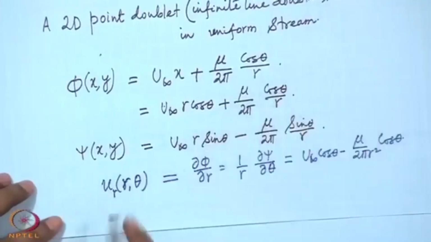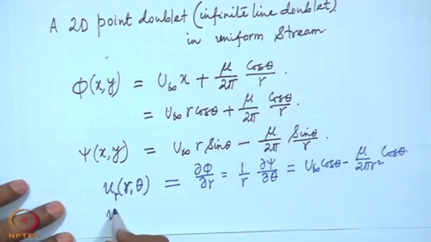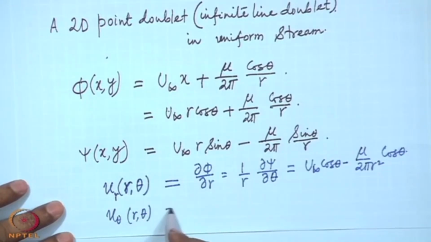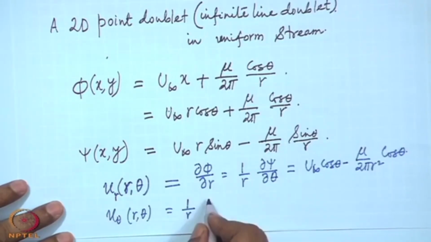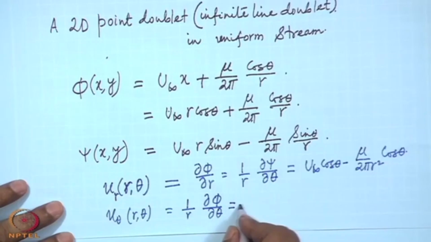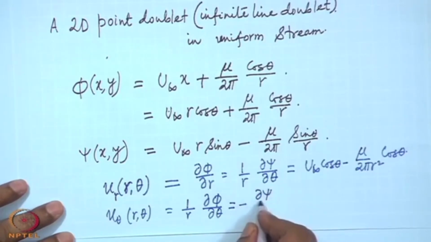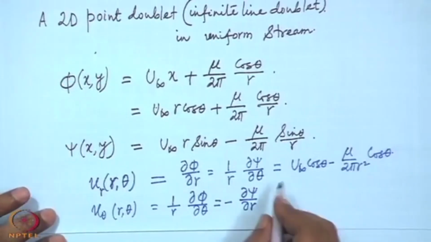What about the theta component? It is 1 by r d phi d theta or minus d psi dr. This is what?